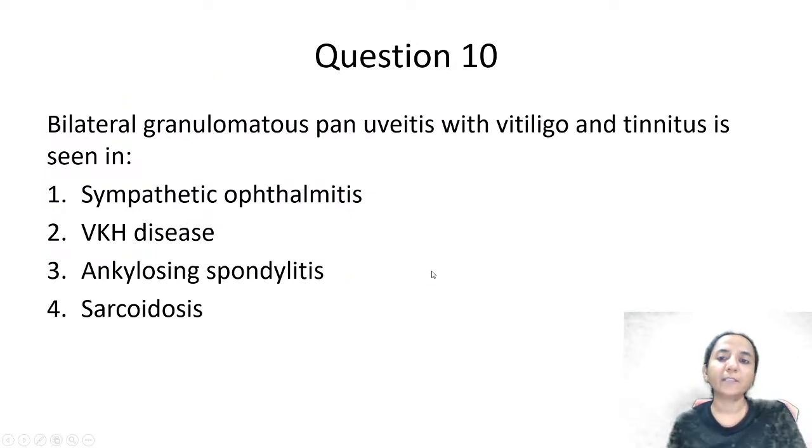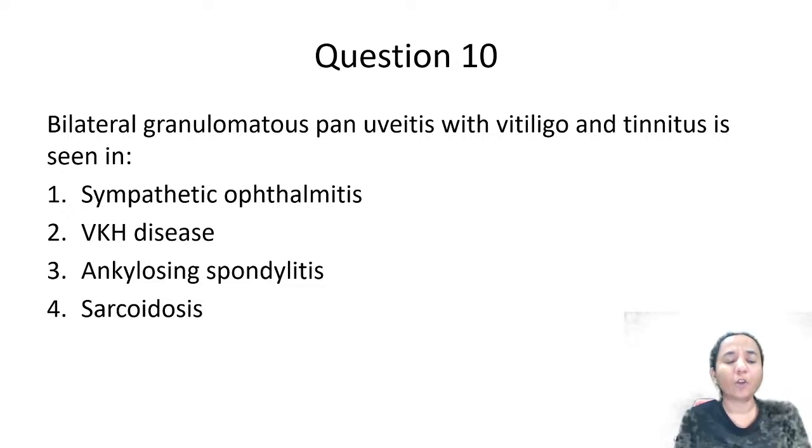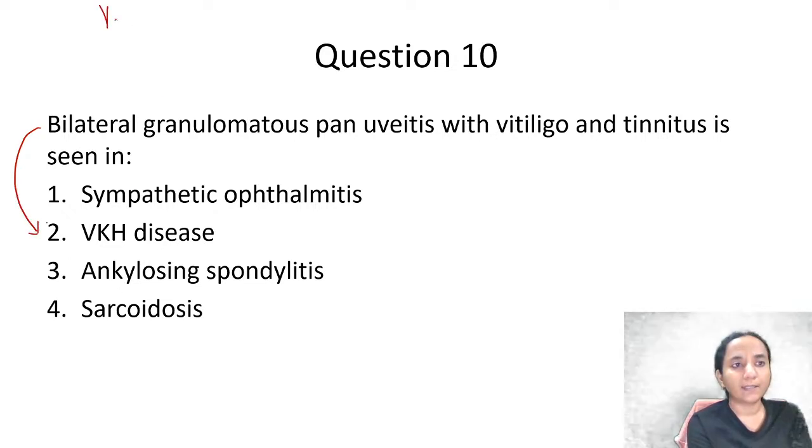Bilateral granulomatous panuveitis with vitiligo and tinnitus. This is the typical description for sympathetic ophthalmia, VKH disease, ankylosing spondylitis or sarcoidosis? Okay, this you may not know. I'll tell you what this is. This is the typical description for VKH disease, that is Vogt Koyanagi Harada disease.